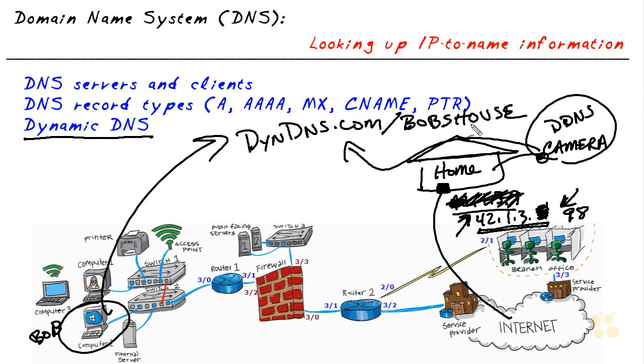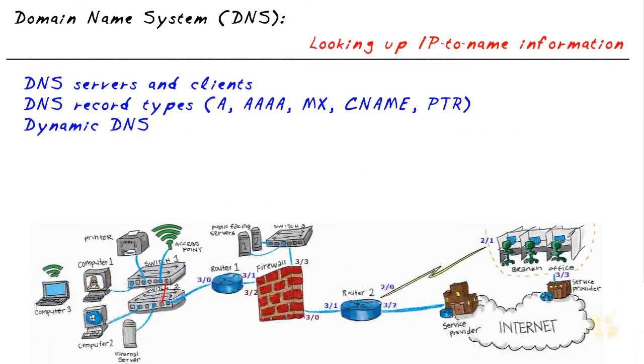That information is then dynamically updated in DNS, and Bob goes to the same URL and can get to the IP address that corresponds to his camera. And that's the gist behind dynamic DNS. It's an IP address that can move from time to time, but some entity behind that IP address is reporting up to the dynamic DNS server to keep it updated.